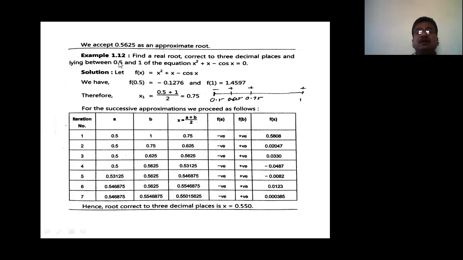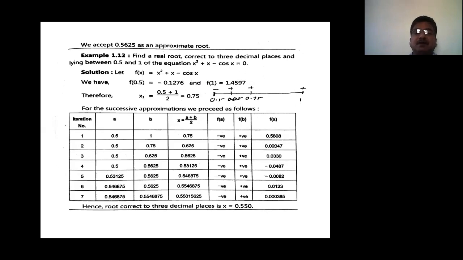If these numbers are not given in the problem, then we find these numbers by using the trial and error method. That is, find the value of f(x) at 0, at 1, at 2, at 3, and if all the signs of f(x) are the same, then search to the left of 0, that is at -1, -2, -3, and find two successive integers such that f(x) is negative for one number and positive for another.